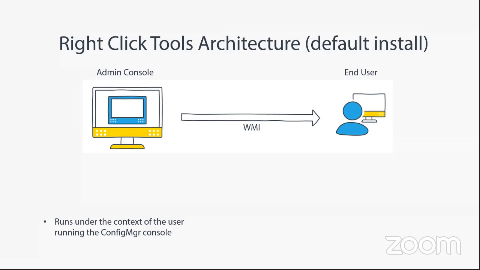So that user needs to have permission to run the action directly on the remote devices, right? In a default Windows install, that user needs local admin permissions on remote devices. And that remote device needs to be configured to allow connections via remote WMI, remote registry, ICMP echo, and those types of things in order for the right-click tools to successfully run.